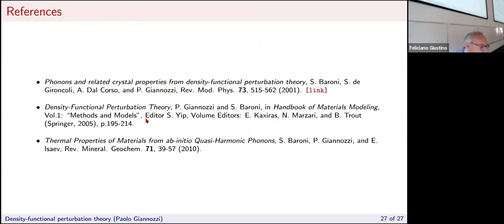A few references. I have updated this list of references, so I removed this one. It's not interesting for you, I guess, and instead I've added two references that deal with something that I haven't mentioned here. That is how the acoustic sum rule can be used to impose known properties on phonons, in particular on the matrix elements of force constants.